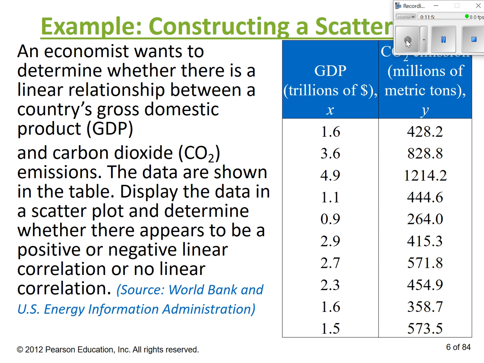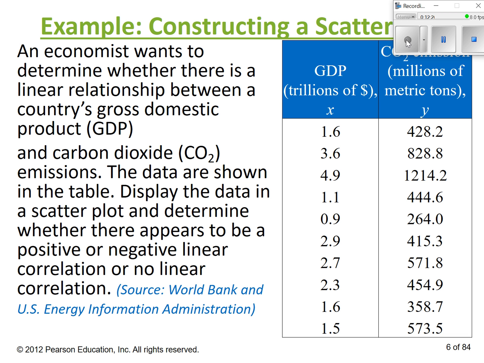All right, so this is an example of just making a scatter plot. An economist wants to determine whether there is a linear relationship between a country's gross domestic product, the GDP, and carbon dioxide emissions. The data are shown in the table. Display the data in the scatter plot and determine whether there appears to be a positive or negative linear correlation or no linear correlation.